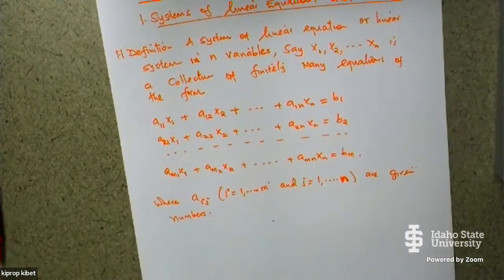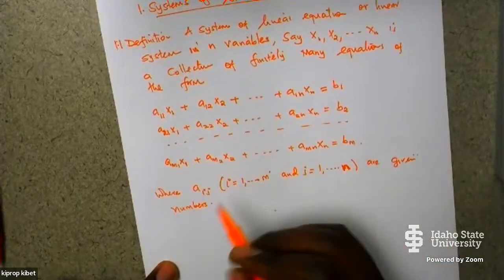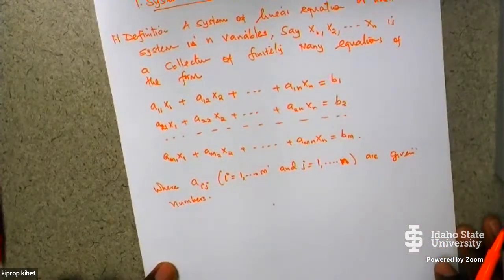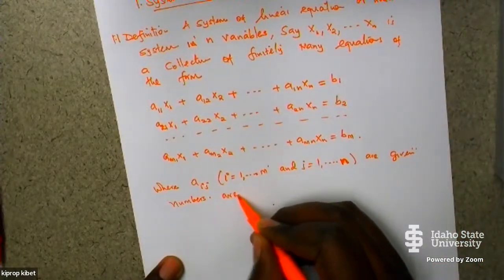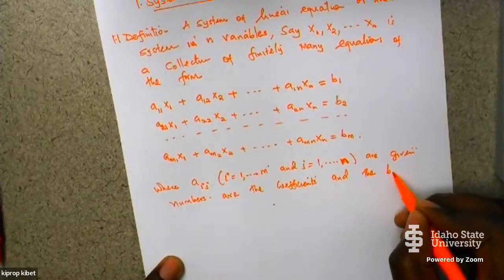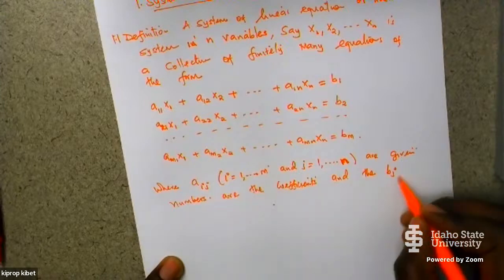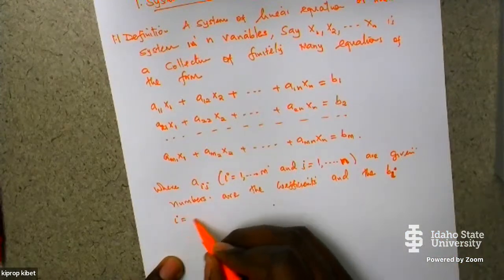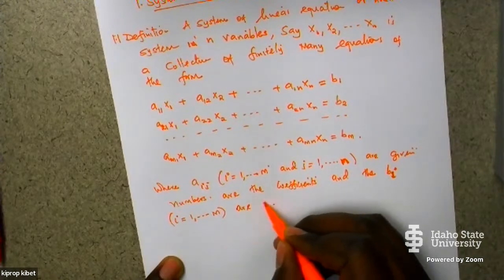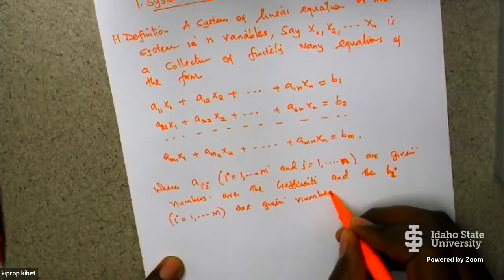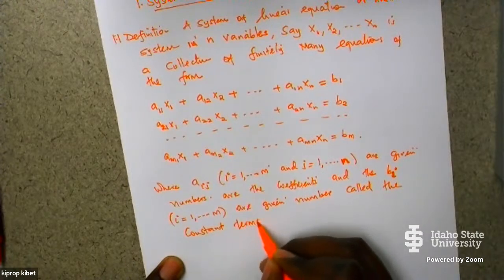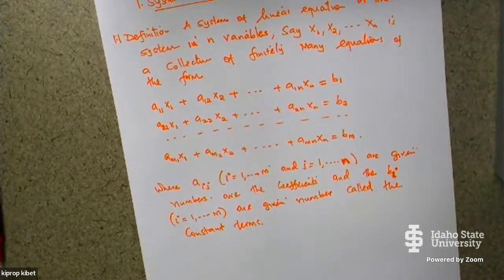We'll see this in some examples. So the aij are the coefficients, and the bi, where i equals 1 to m, are given numbers called the constant terms.